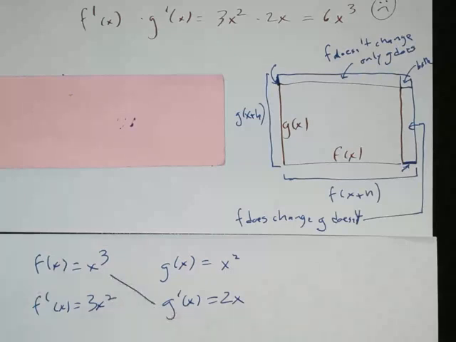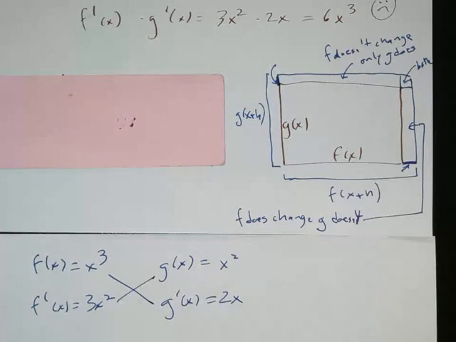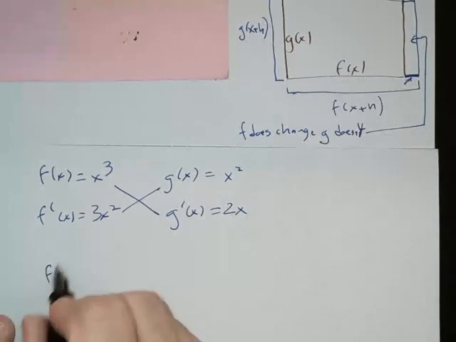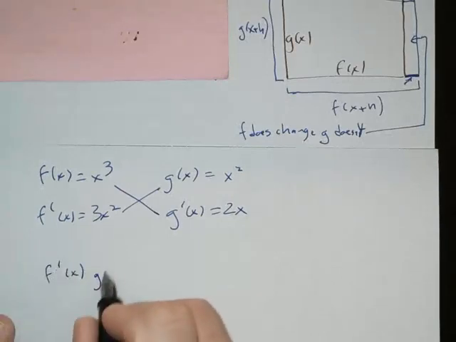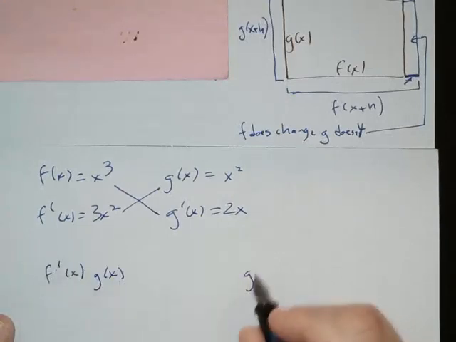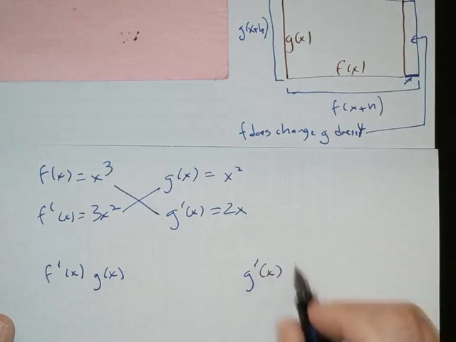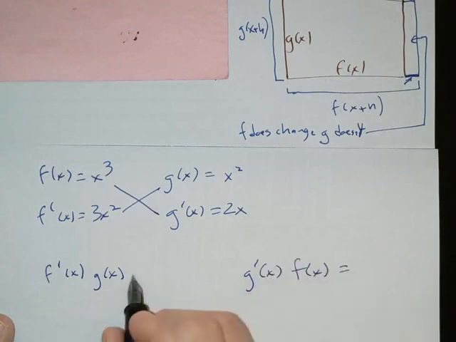So we'll do these two, and we'll do these two. Multiply those. Derivative of f times g, derivative of g times f.